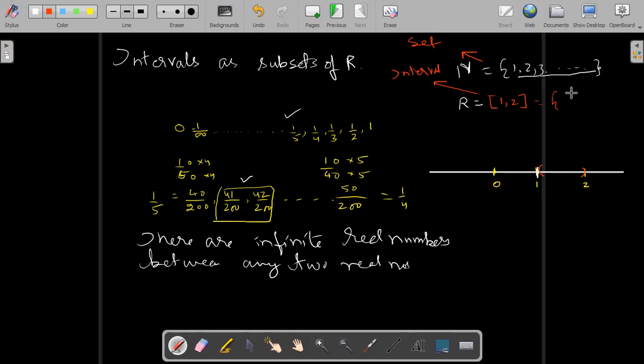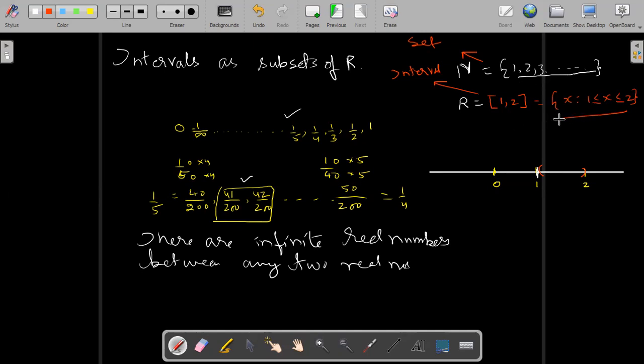In terms of a set, we write this as the set of all x such that x is greater than or equal to 1 and less than or equal to 2.